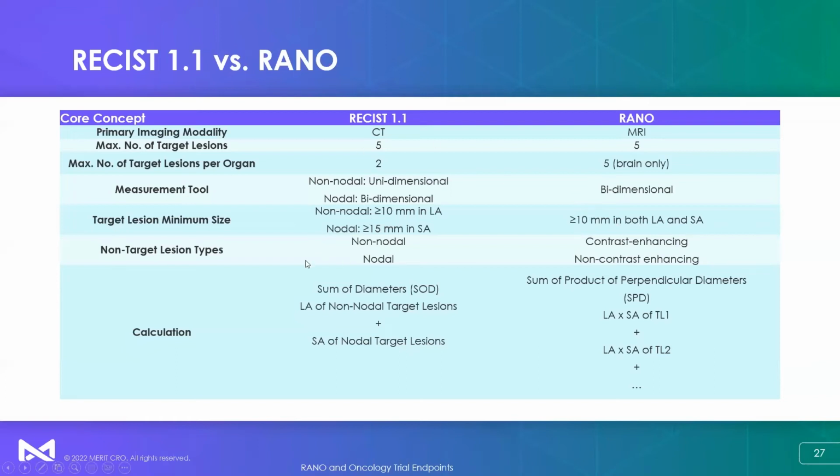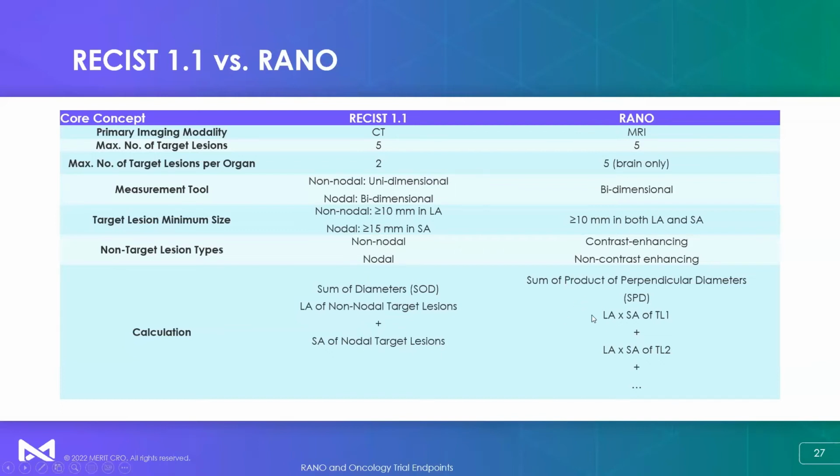Another primary difference is the non-target lesion types. In RECIST, any lesion, nodal or non-nodal, can go into the non-target lesion types. RANO has contrast-enhancing and non-enhancing ones. Calculation in RECIST is simply the sum of the diameters, either short axis or long axis, depending on nodal or non-nodal.